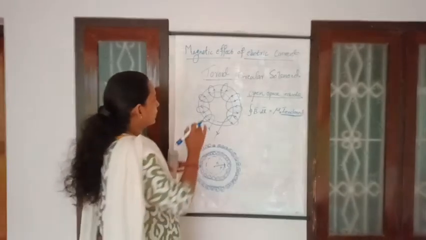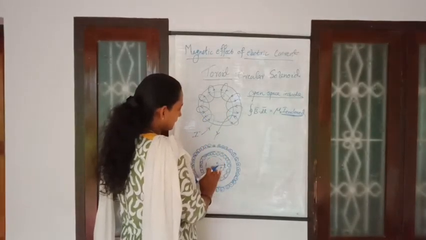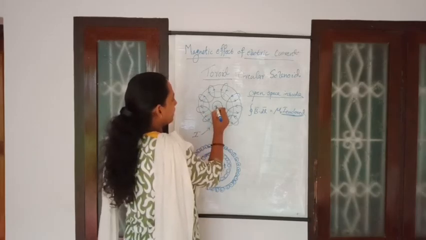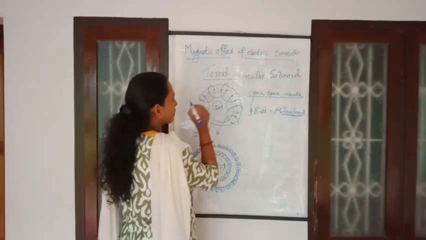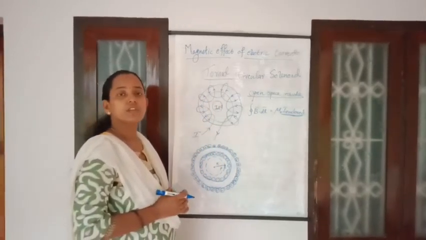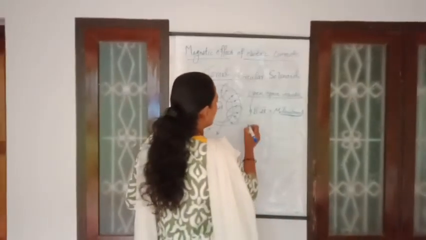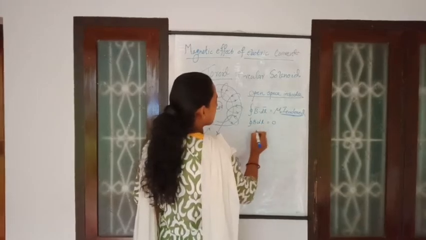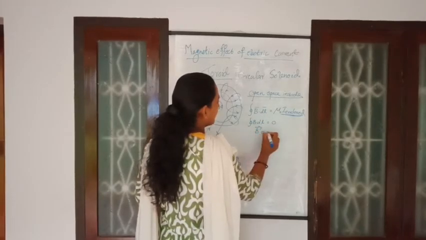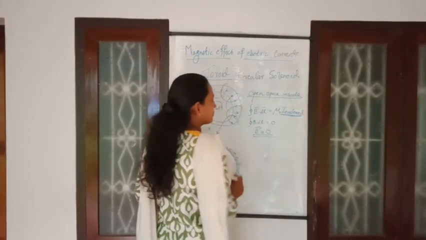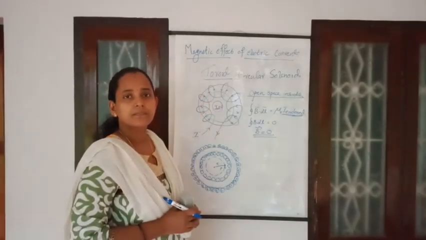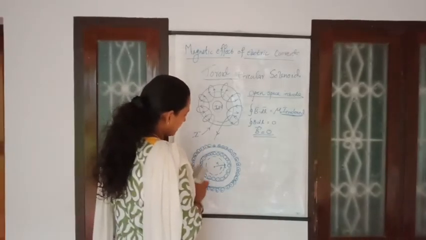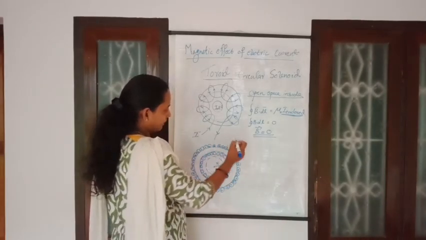But look at the figure here. Is there any current in this region? No. Here I enclosed is equal to 0. Therefore, you can write the closed integral of B dot dl is equal to 0, or otherwise the magnetic field B equal to 0 itself. Understood?